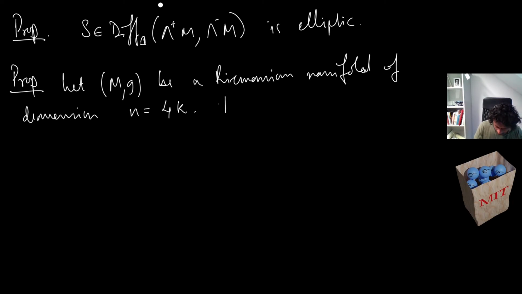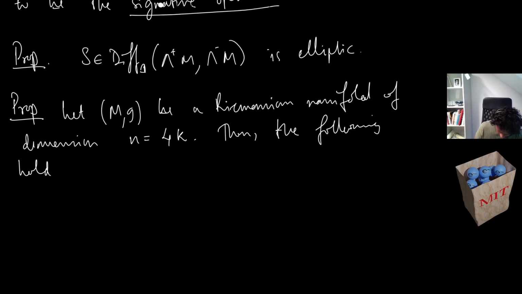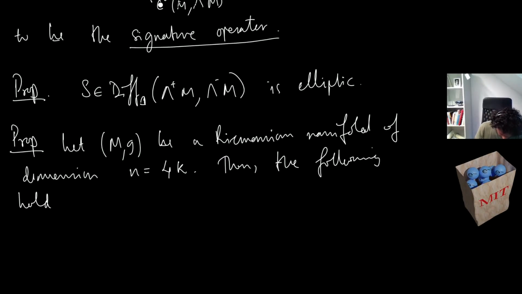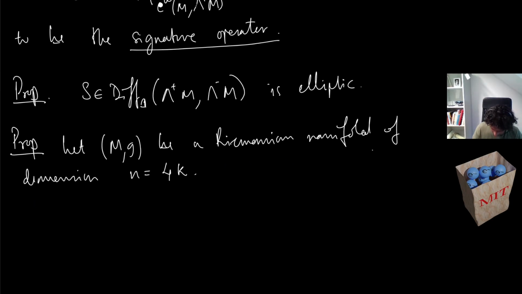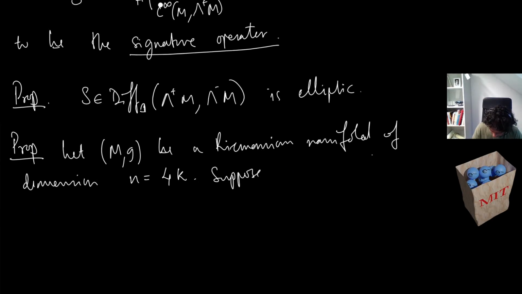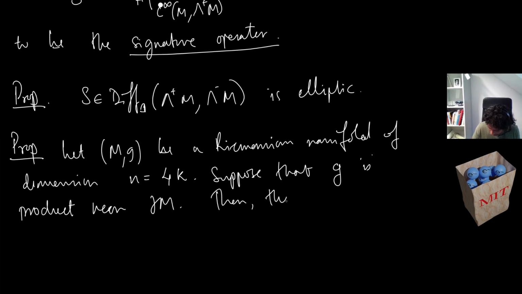Okay, then the following hold. Sorry, I need to also assume, okay, suppose that g, so again we have this assumption that g is a product near the boundary. Then the following hold.